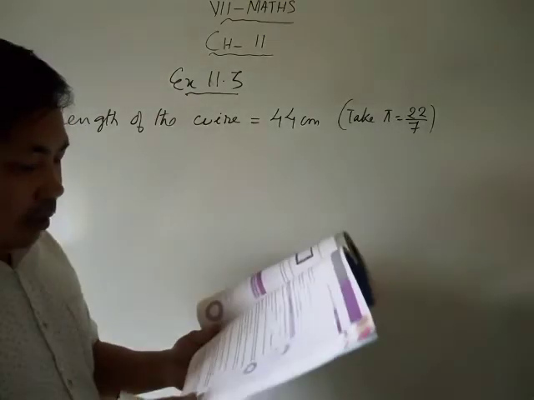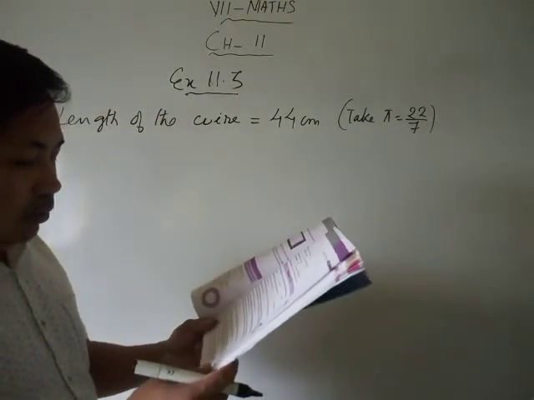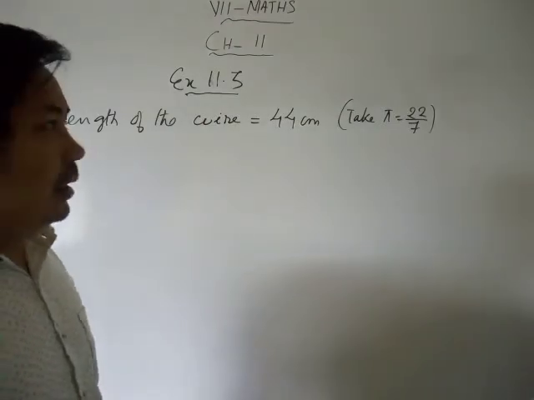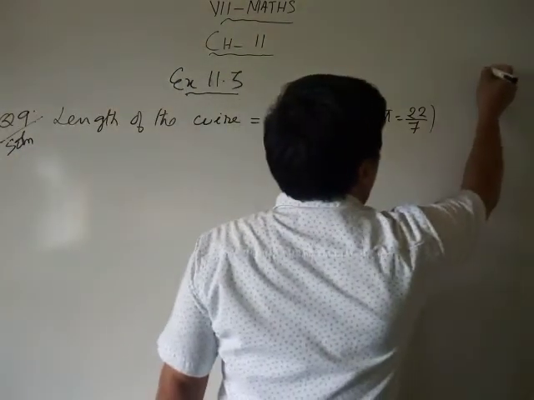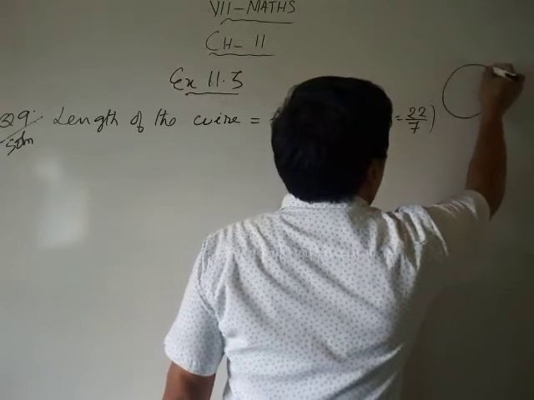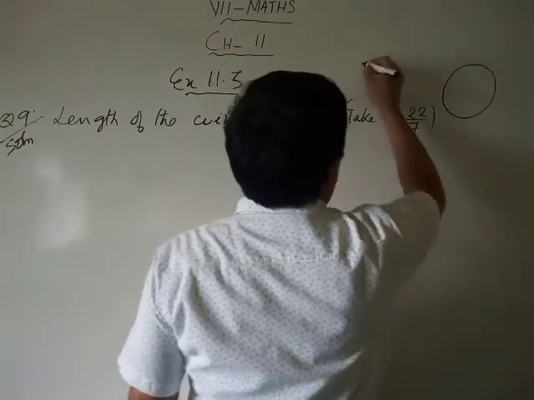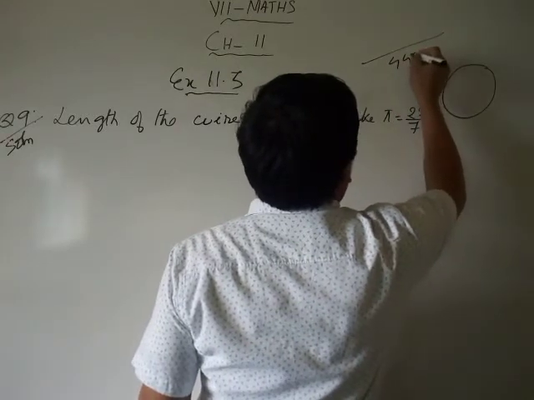It also asks you to find out, if it is bent into a rectangle. First, it is bent as a circle, where the wire is 44 centimeter.